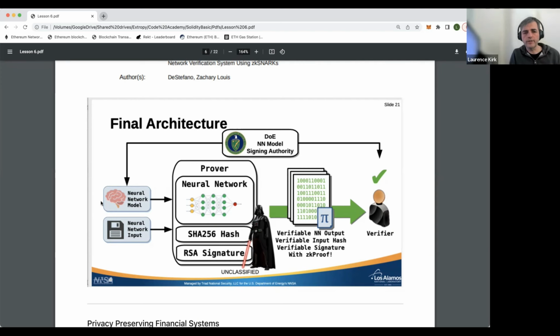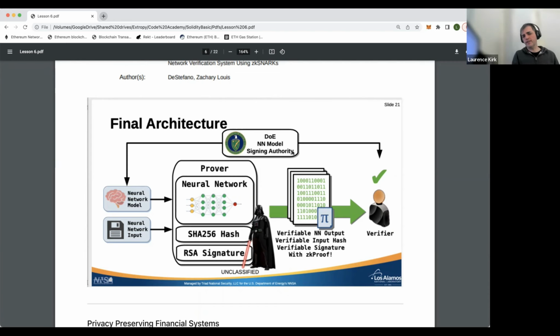They also can do things. They can take commitments for the inputs to this neural network. So they use hashing algorithms for that. So they can prove that they can commit to what the inputs to the neural network were. And they can also then have some authority that is signing these inputs and that the model that is being used in the neural network is correct.